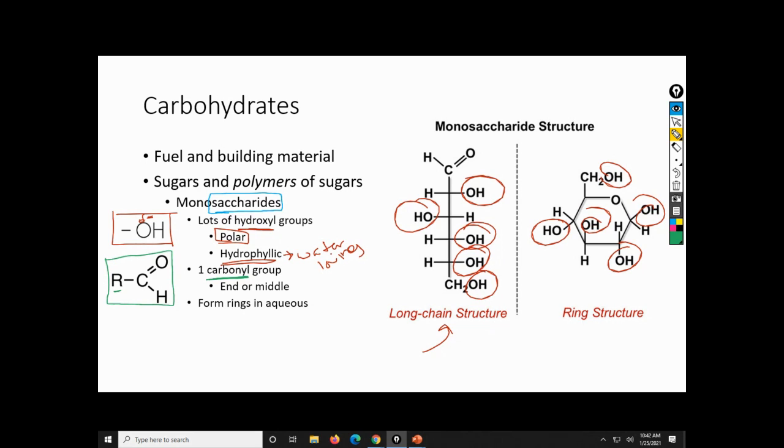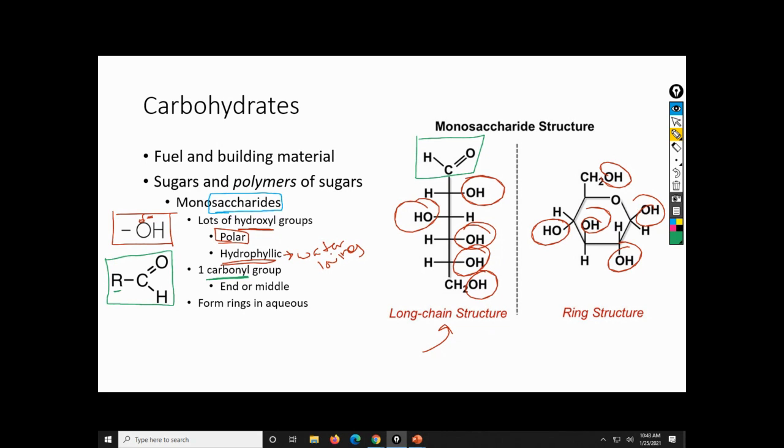So if I'm looking at my chain structure, I'm also going to circle my carbonyl in green. There's my carbonyl. C, or carbon, double bonded to an oxygen on one side with a hydrogen on the other.